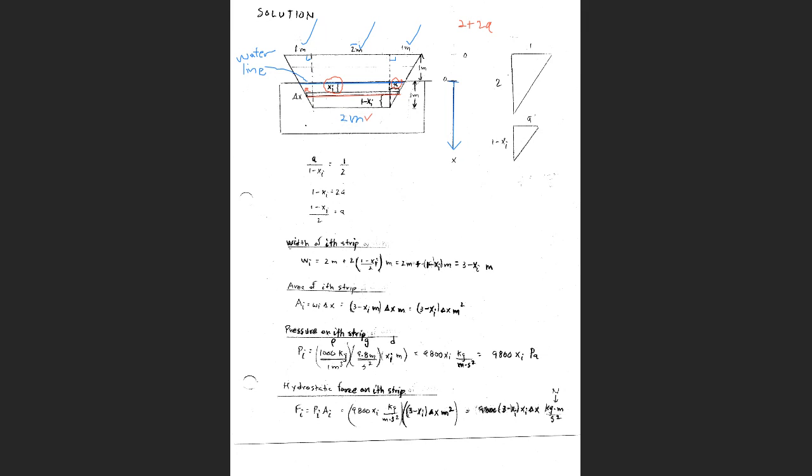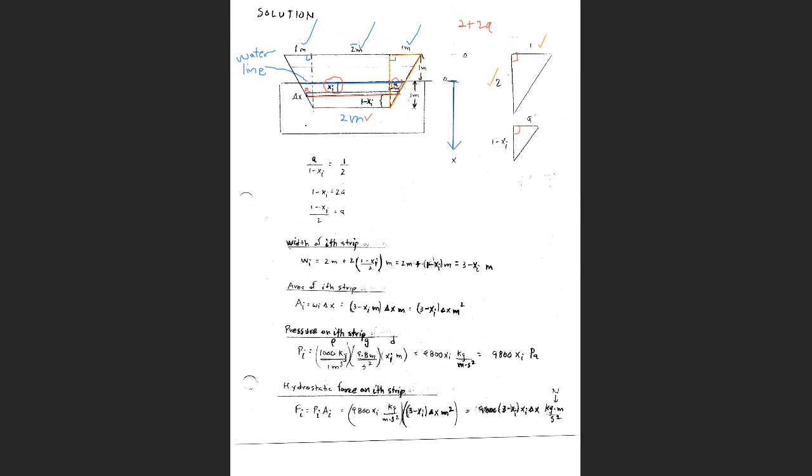Well, here's where we bring in similarity of right triangles again. You have here a big right triangle that has base 1 and height 2.